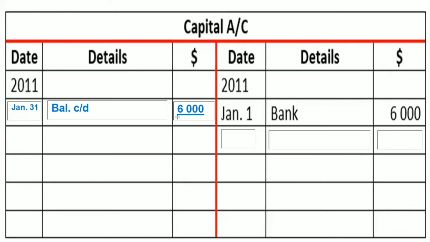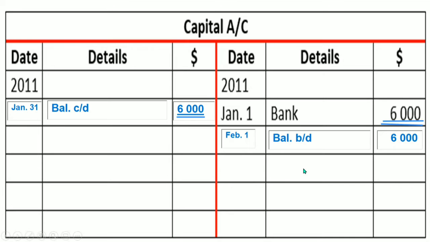Just double underline the figures. I had a single line there already. So I just put another line there, and that is it. And the final thing there is to enter the balance brought down. So that is February 1st, balance BD, and the value there is same thing as your carried down, which is $6,000.